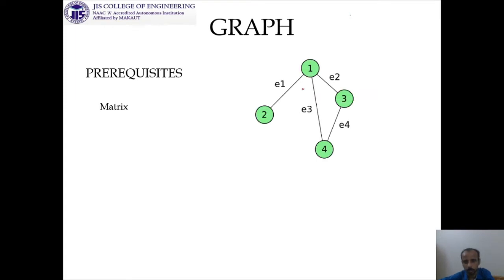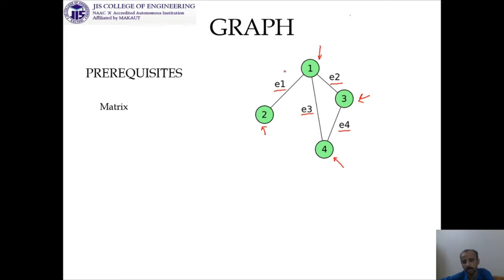Now we have a graph over here where the vertices are denoted as 1, 2, 3 and 4, and the edges are denoted as E1, E2, E3 and E4.